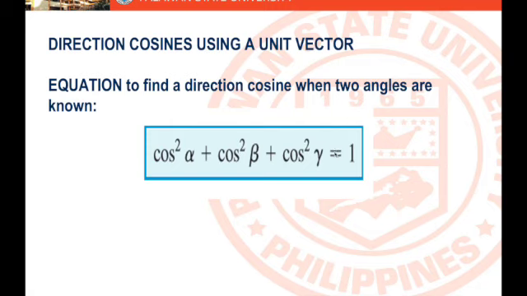But of course, you need to have your calculator. So this is our equation to find the direction cosines when two of the angles are known. And that's easy. We can find the third one with this equation.